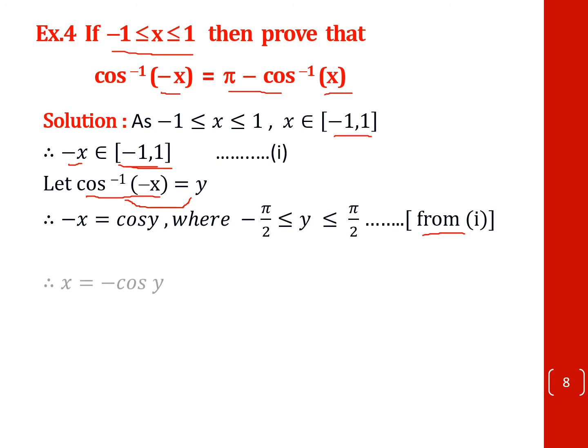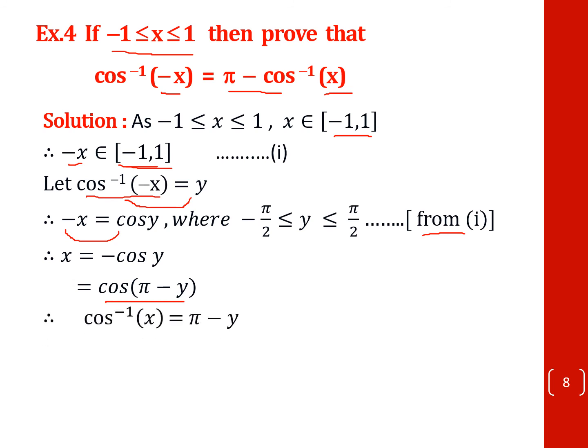So student, we can write x equals minus cos y. By using allied angle formulae, we have, which is equal to cos of pi minus y. So student, we will shift this cos to the left hand side. So we have cos inverse of x equals pi minus y.